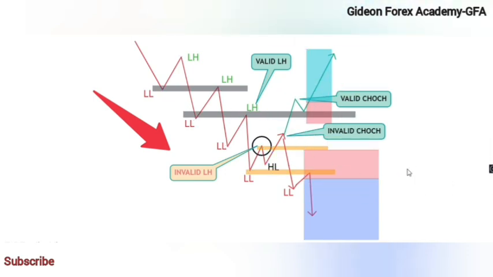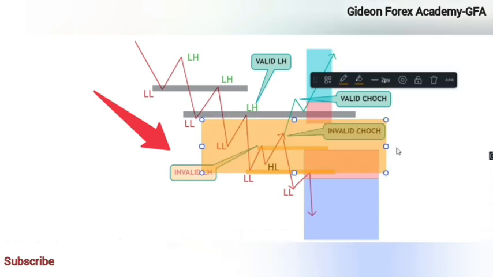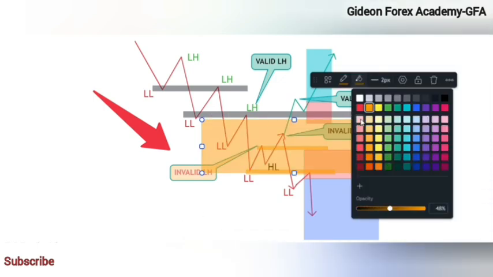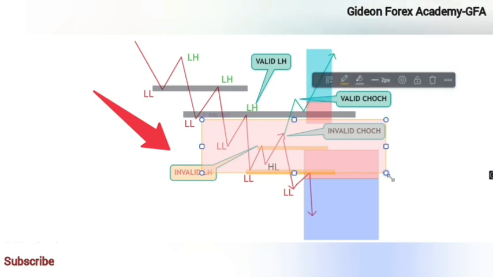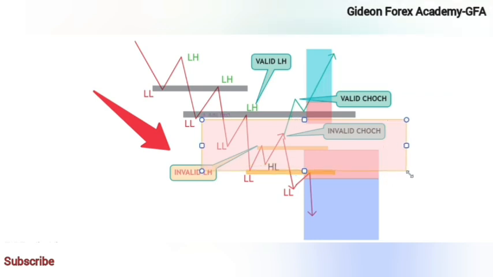Okay, so in this case, in a bearish market, you want to continue the bias, looking for sell opportunities as long as the price is below this point. Okay, you want to continue selling as long as the price is still inside here, below here.